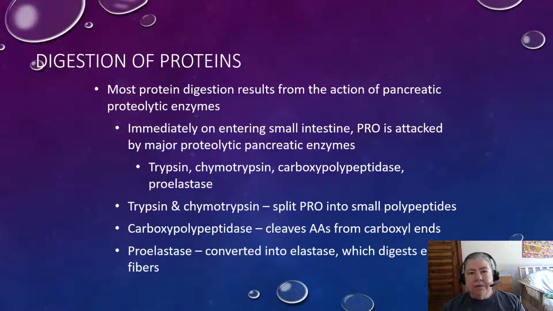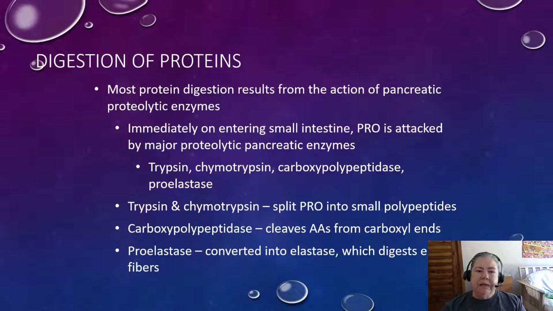The vast majority of the digestion of protein occurs once the chyme has reached the small intestine and pancreatic proteolytic enzymes are added. So there are a number of enzymes that are secreted by the pancreas through the sphincter of Oddi that include trypsin, chymotrypsin, carboxypolypeptidase, and proelastase.